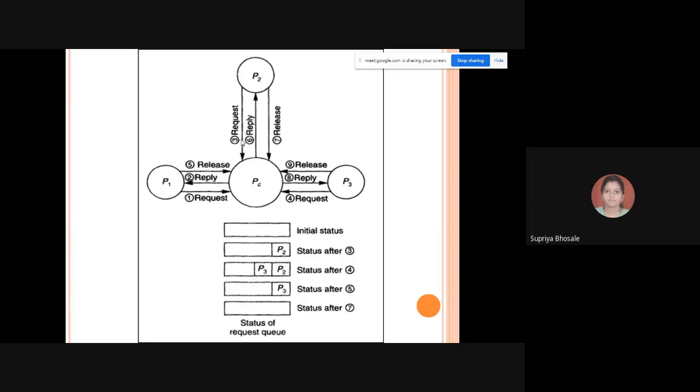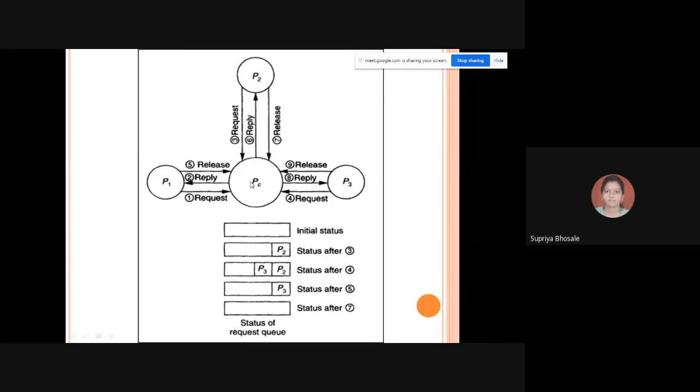Fine. So since P1 is already in the critical section, P2 cannot be granted permission. अजून P1 रिलीज झालाय का, नाही. त्यामुळे जेव्हा P2 ची रिक्वेस्ट येणार आहे PC कडे, कोऑर्डिनेटर कडे, तर त्यावेळेला what will happen over here?